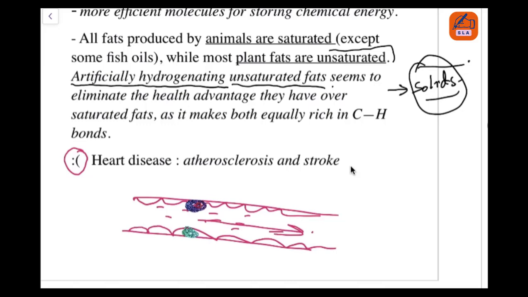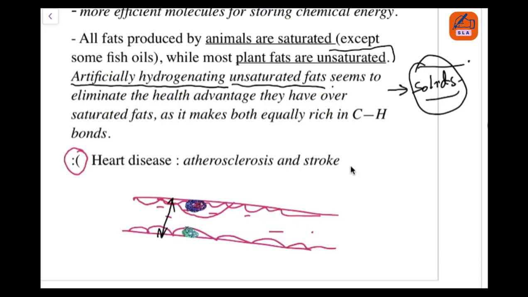When they accumulate in the blood vessels, my dear students, they can reduce the caliber. You see, the caliber of the blood vessel is reduced, and this can really disturb the flow of blood.